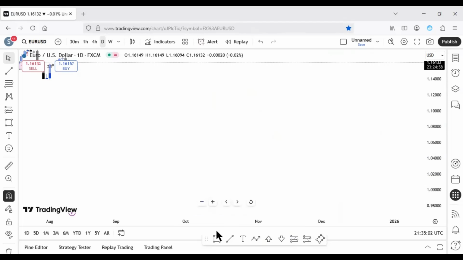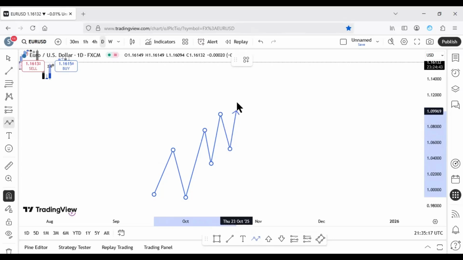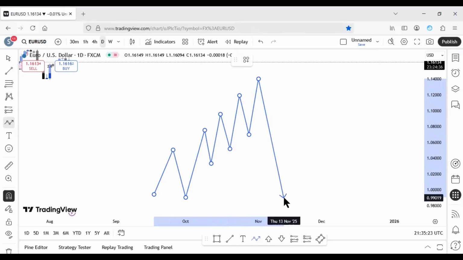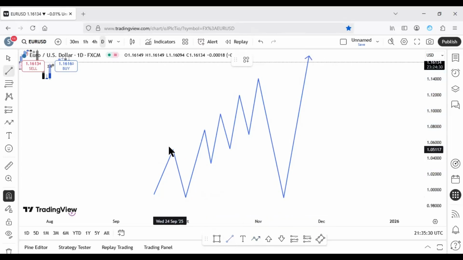So in a trend line liquidity, in a bullish scenario, suppose price is breaking structures to the upside like that. So we have price breaking structures to the upside.